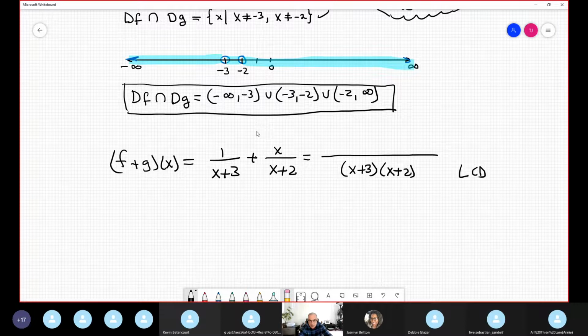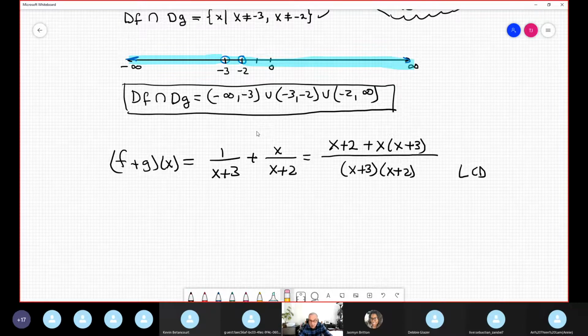When you divide this by this, it is x plus 2 times 1, and here it is x times x plus 3. I suppose you understand this algebra very well because it's elementary. Let's continue a little bit.